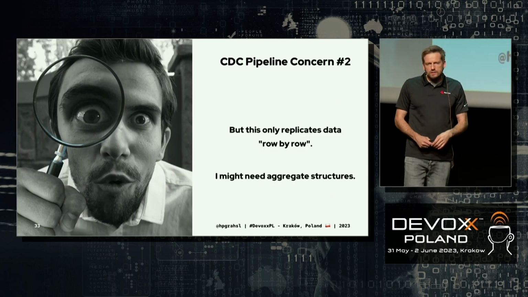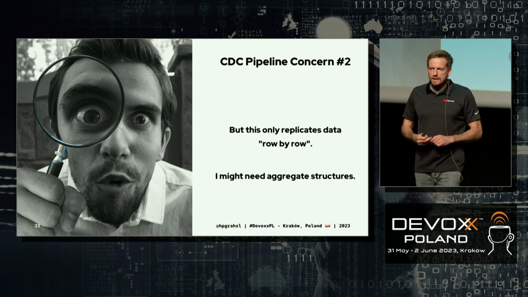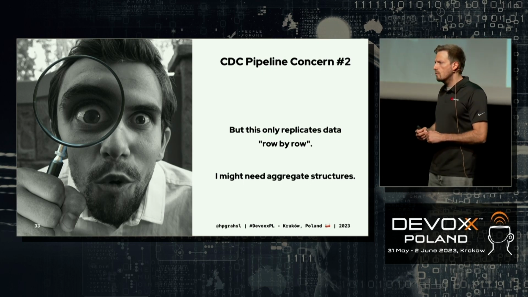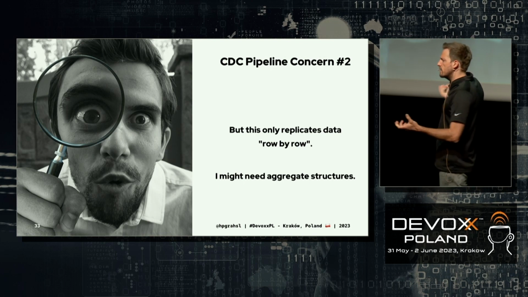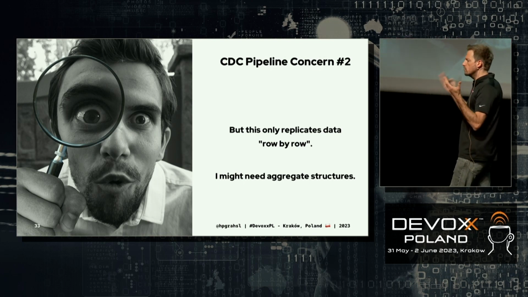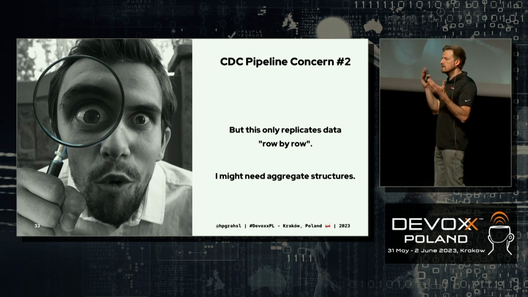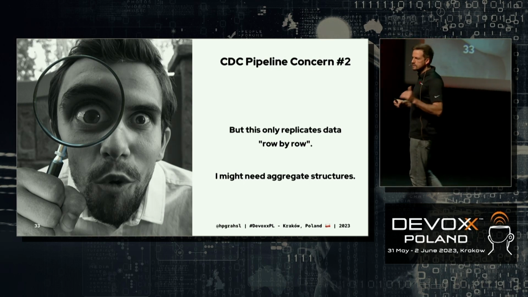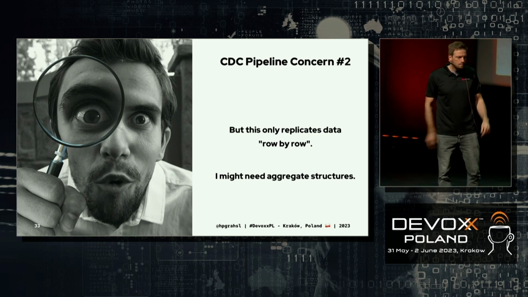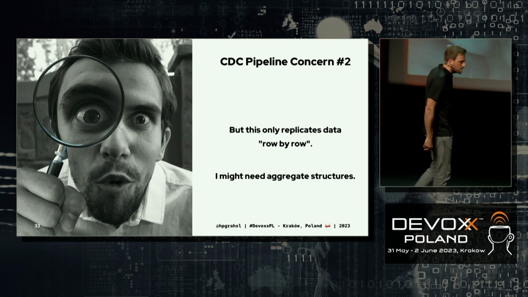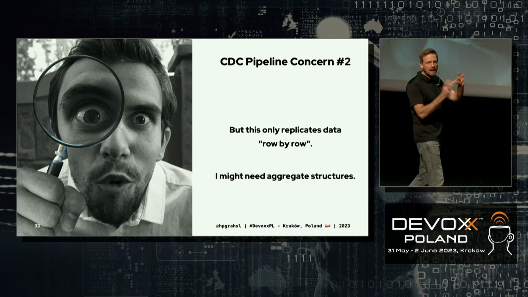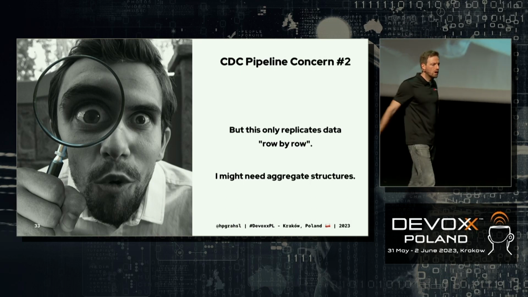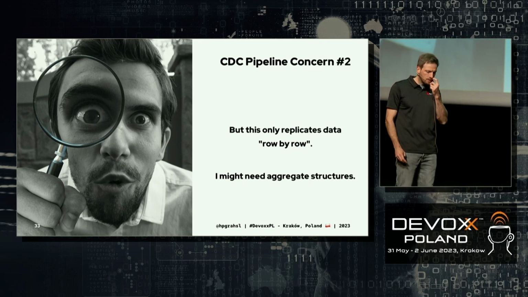Second observation of that CDC pipeline is the following. What we have seen now is still a one-to-one kind of replication of single database records from system A to system B. You might need something else. You might want to have some aggregate structure that you want to send to another service.